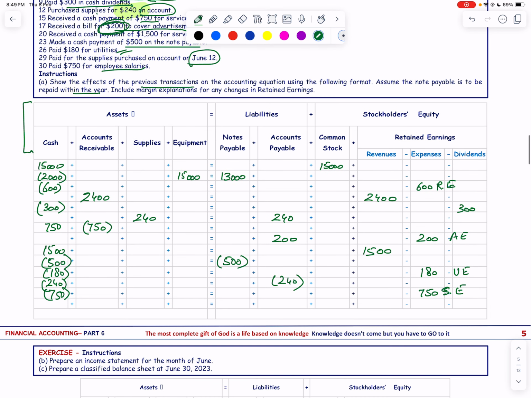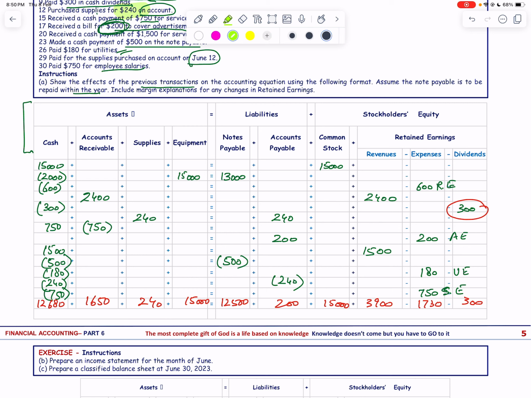So now we can make the total. So that for cash, the total is 12,680. One for accounts receivable 1650, 240, 15,000, 12,500, 200, 15,000, 3,900. Expenses are 1730 and dividend is 300.